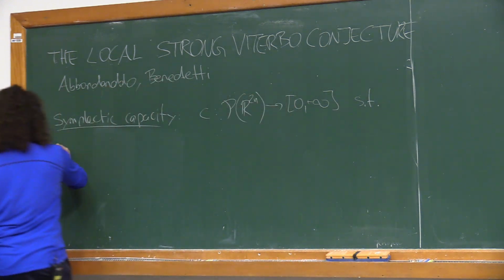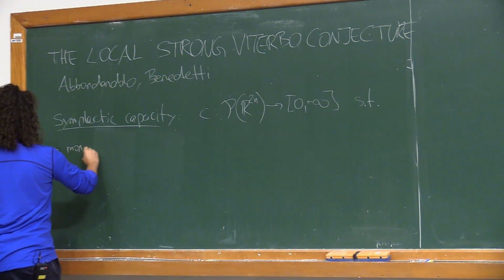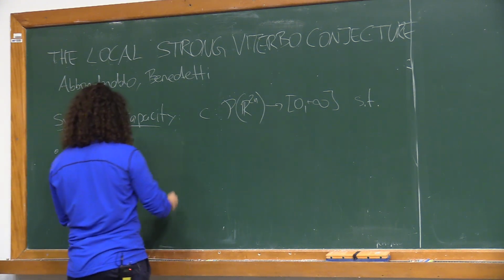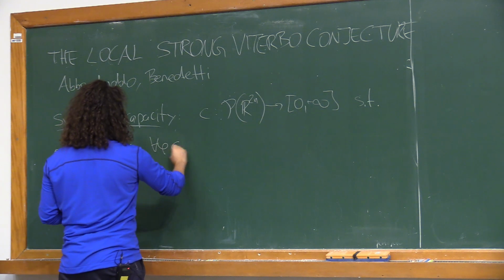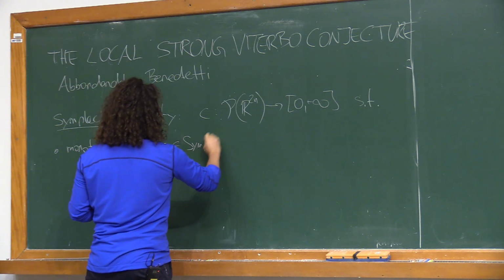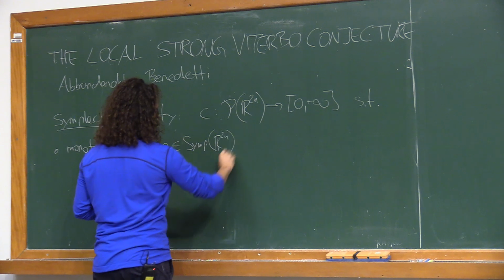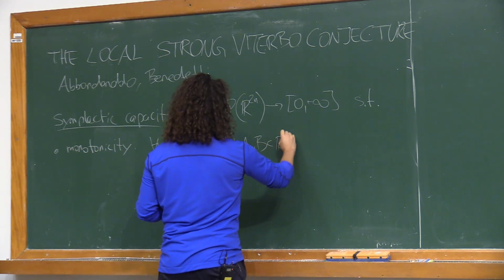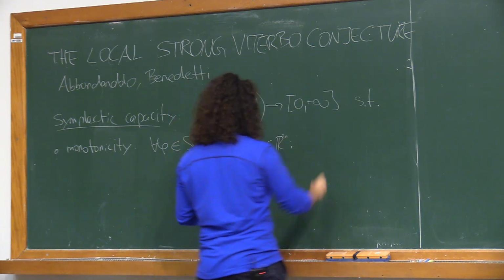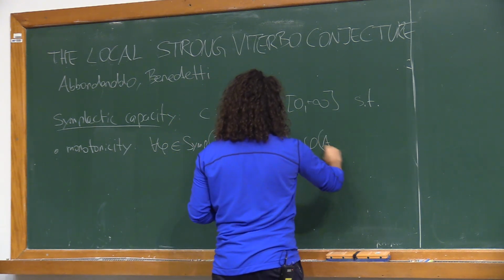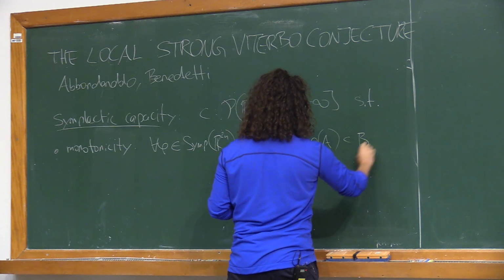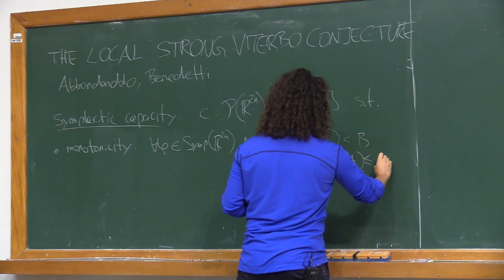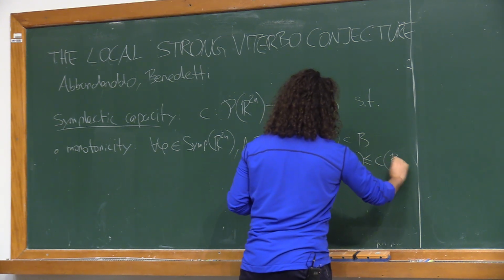First, it's monotonic. So this means that if we take any symplectomorphism phi of R^2n and any two subsets A and B of R^2n, then if the image of A under phi is contained in B, this should imply that the capacity of A is less than or equal to the capacity of B.